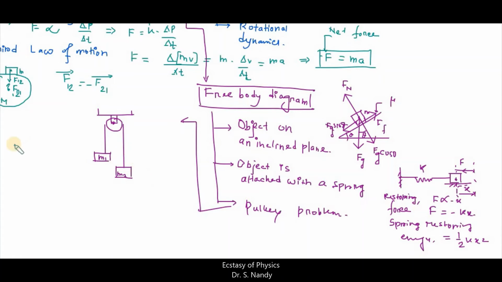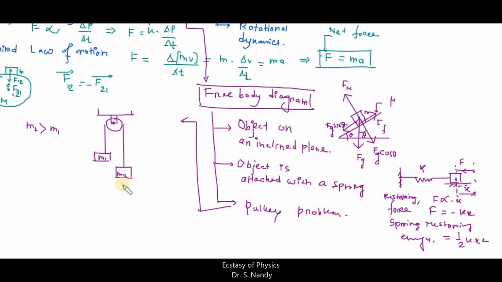Now we can consider that m2 is heavier than m1, so whenever it is at rest, by the help of some external force we have kept the system stationary. But once we remove the external force, since the m2 mass is heavier than m1, it will start moving in the downward direction with a particular acceleration.